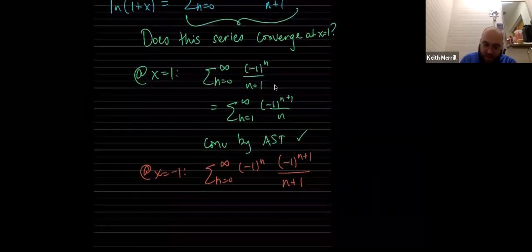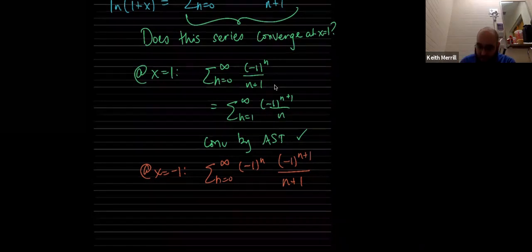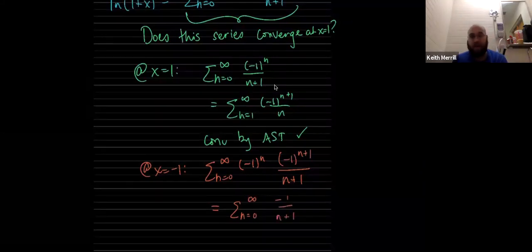You'll notice that (-1)^n times (-1)^(n+1) is (-1)^(2n+1). 2n plus 1 is always odd, which means this power is always -1. So this is the same thing as the summation from n equals 0 to infinity of -1 over n plus 1.